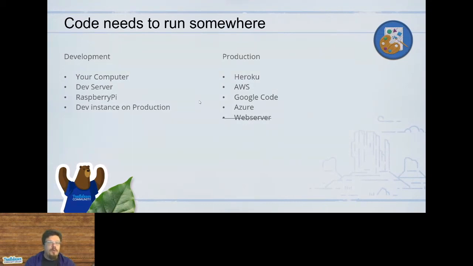We can also run code in AWS if you're an AWS shop. It can work there. Google Cloud, Azure, wherever. Those are good places. If you're running really lean, you've got a computer that's always on already, always connected to the internet. That's your web server. 15 years ago, I was that guy running stuff like this on my web server.